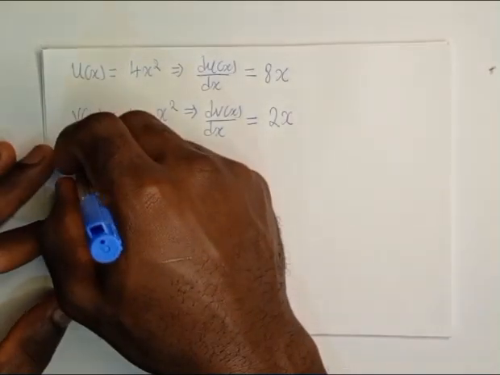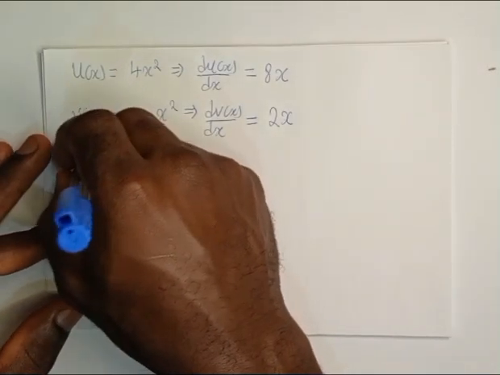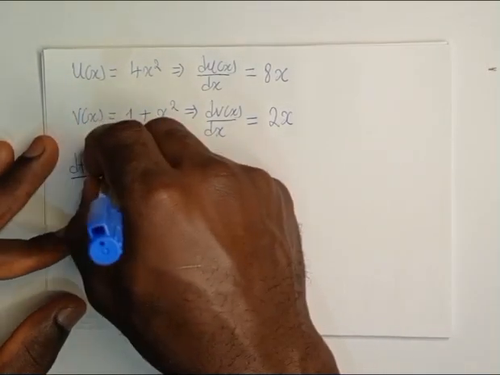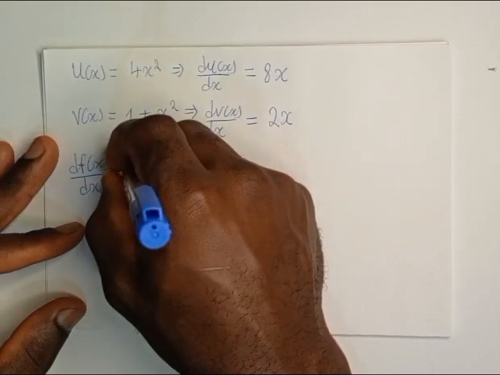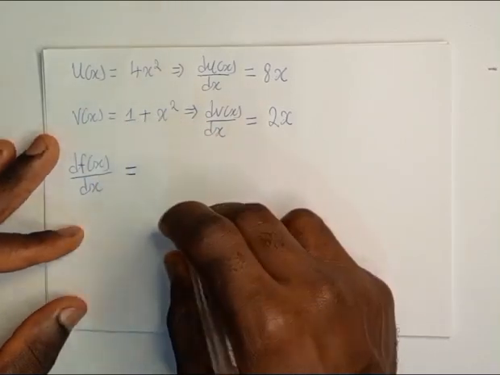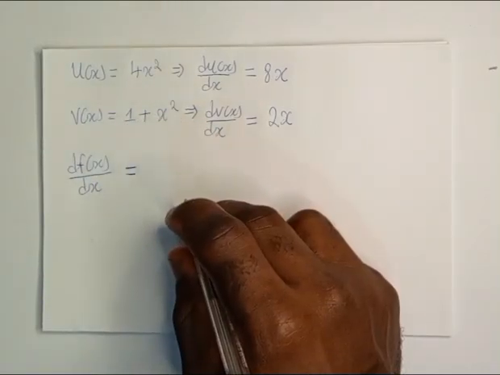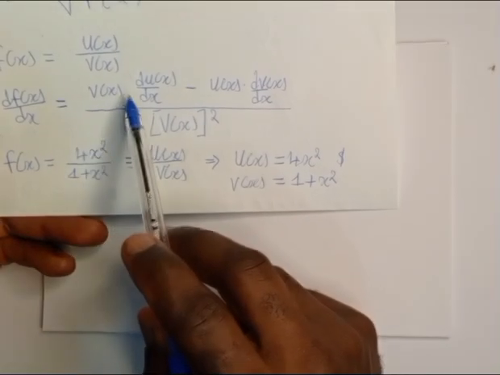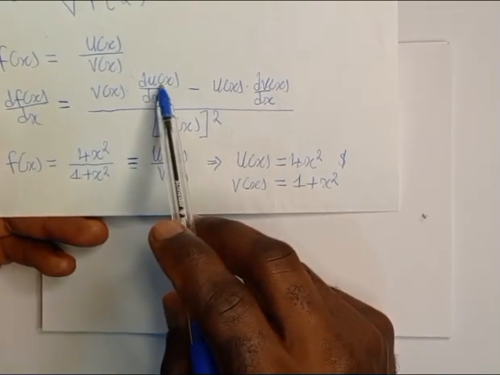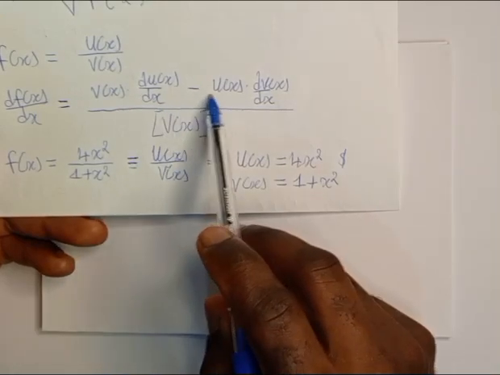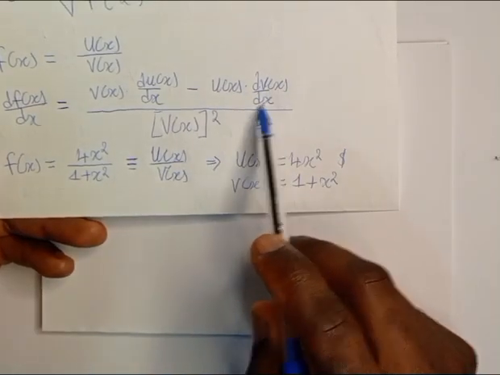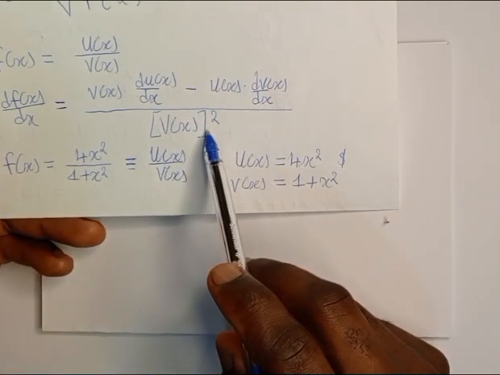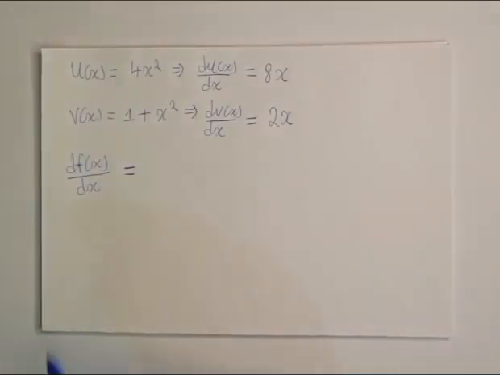Now we can proceed to find df of x on dx, and this will simply be equal to, we are going to make use of the formula for the quotient rule. This will give us v times du on dx minus u of x times dv on dx all over v of x squared.